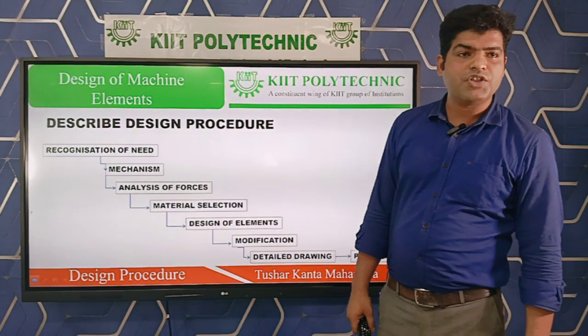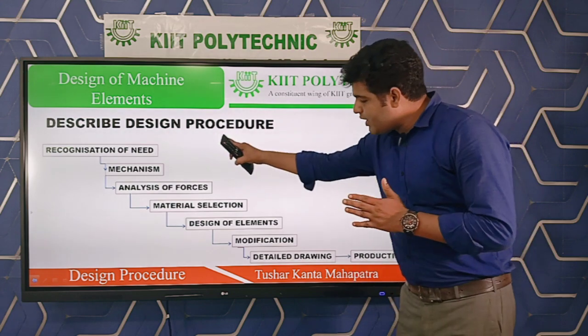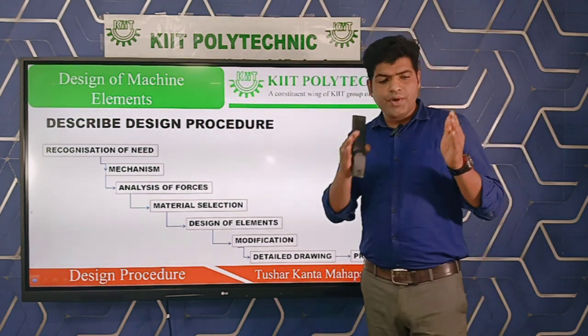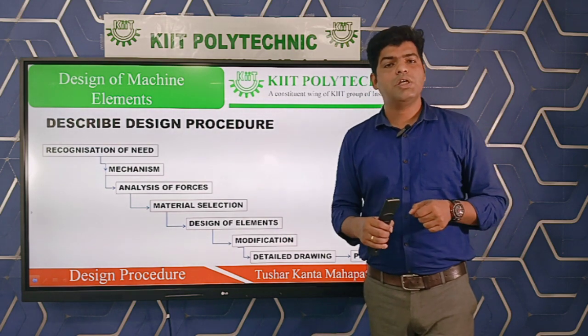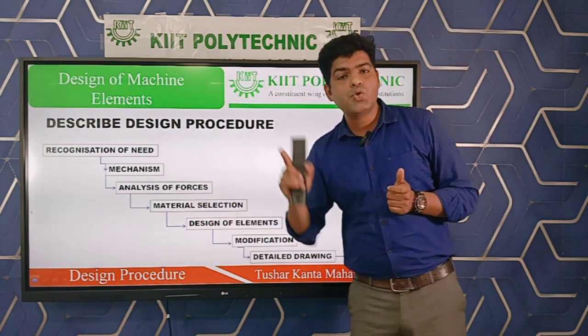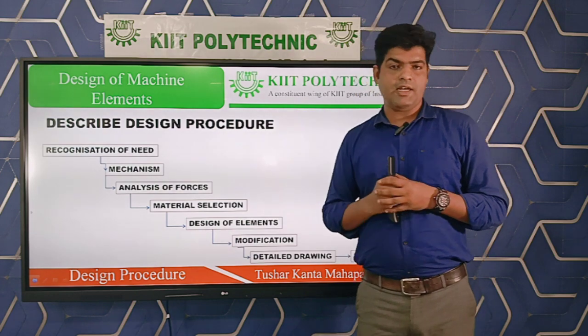Then next one is modification. What is modification? Modification is that after getting all this, we think whether that object is good or not. If not good, then what sort of changes should be made in that design.